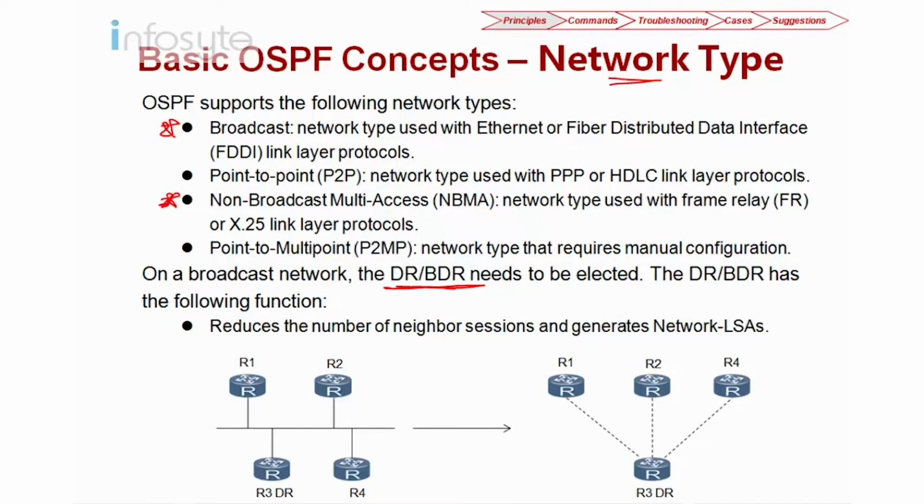Why do we need a DR/BDR election within these network types? Because when you perform the DR/BDR election, you reduce the number of neighbor adjacencies and reduce the number of generated network LSAs. So these are the two reasons why we need to perform a DR/BDR election.